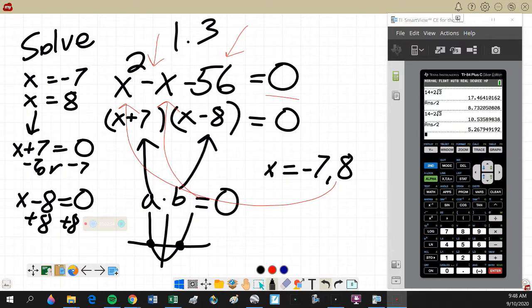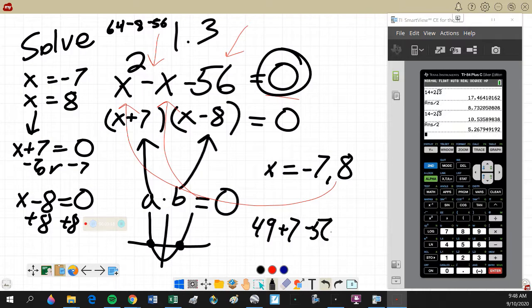And let's try it. 8 times 8 is 64. Minus 8 minus 56 is equal to 0. And the same thing happens with negative 7. Negative 7 times negative 7 is 49. And then negative 7 is plus 7.